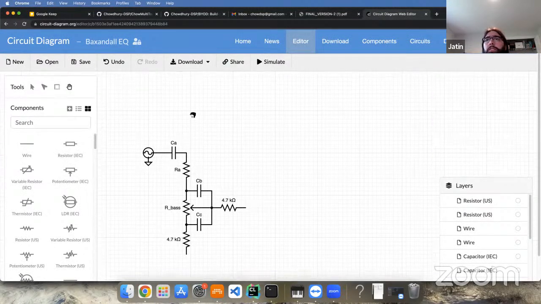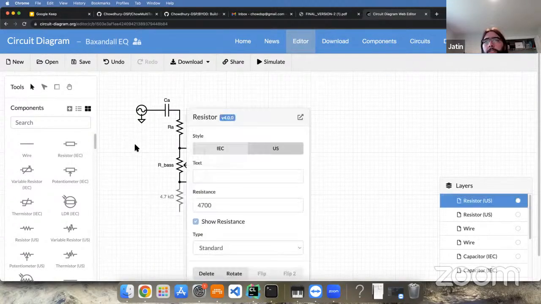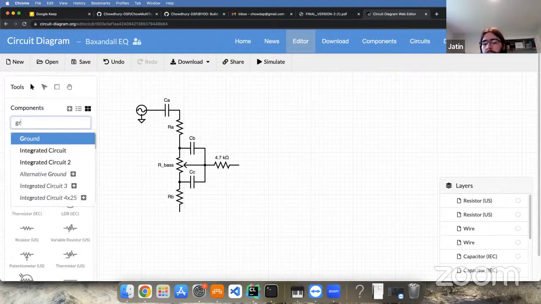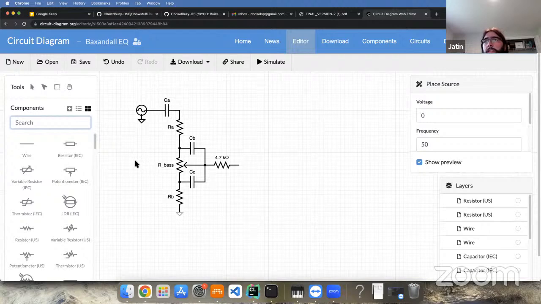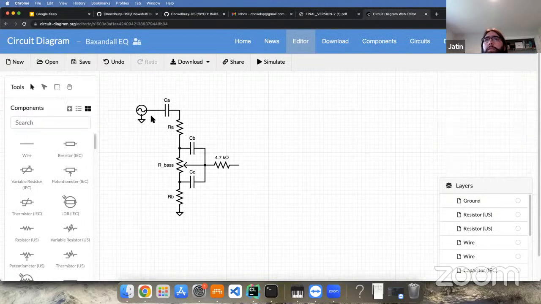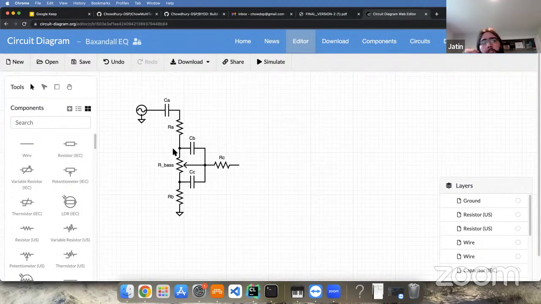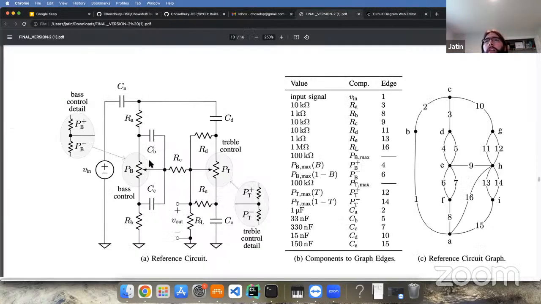Easy enough. So let's move this around a little bit. So this is RB, and then we've got ground at the bottom of that. Cool. And then RC is our bridge resistor here. So the way this circuit is more or less designed is that the left side here manages the bass frequency response, and then the right side here is going to manage the treble, the side that I haven't put in yet.